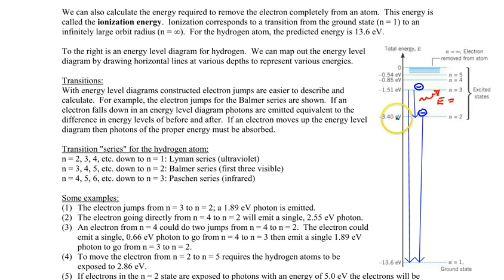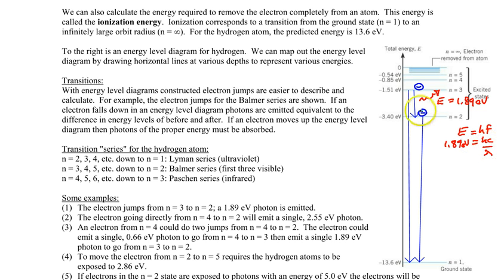So that would be the difference between 3.4 electron volts and 1.5 electron volts, which is 1.89 electron volts if you take the difference of that. So that's one photon. And once you know that energy, you could calculate the wavelength or the frequency by using E equals hf or hc over lambda. So once you know that energy of 1.89 electron volts, then you could calculate its wavelength, for example.